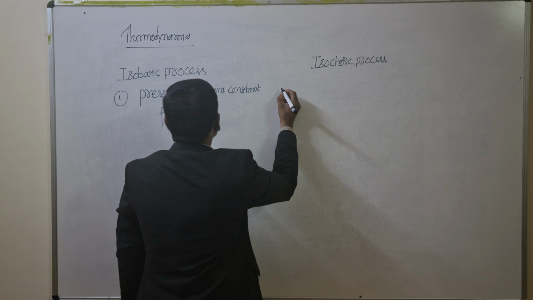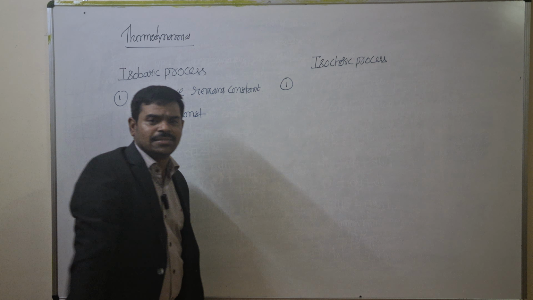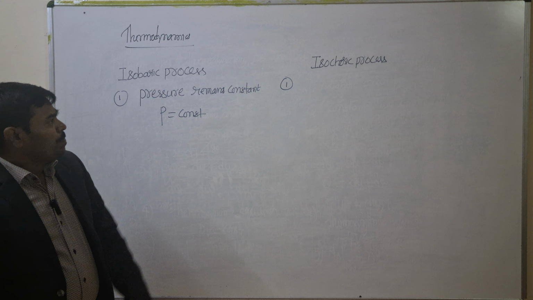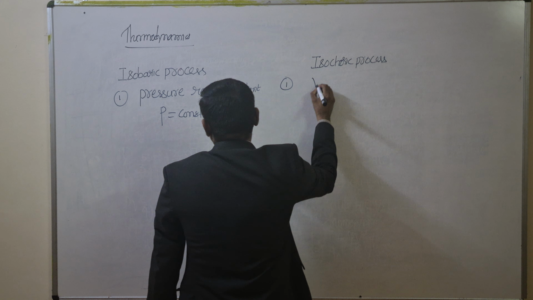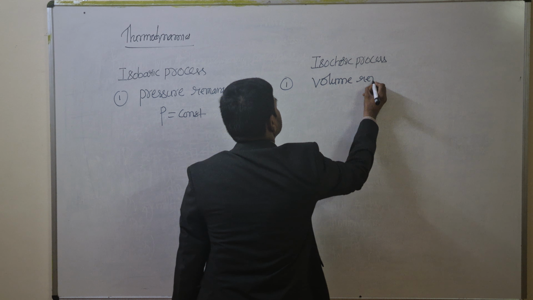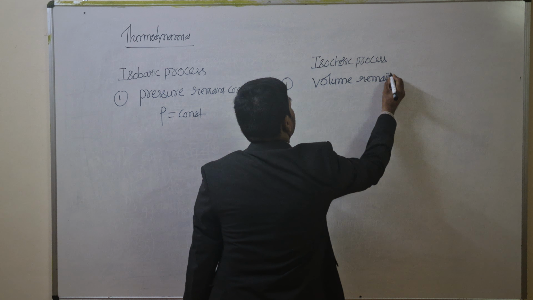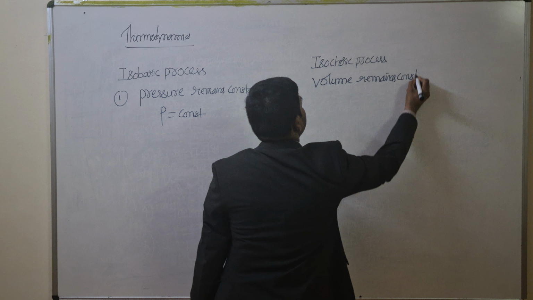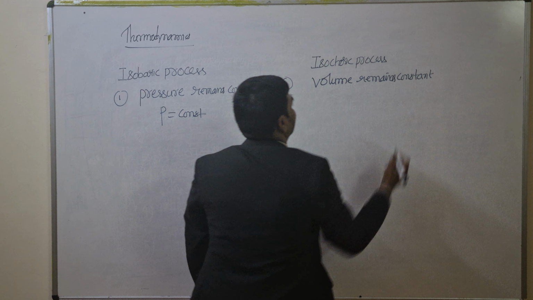Whereas in an isochoric process, the first point is volume remains constant between system and surroundings.